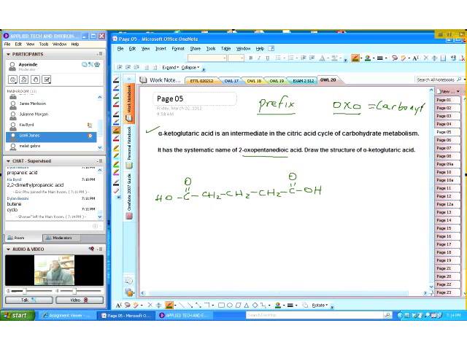Just as when you have a CH3, we call this a methyl group, right? So whenever we want to use a carbonyl as a substituent, we refer to it as oxo. So therefore, if we say we have 2-oxo-pentanedioic acid, what do you think that molecule would look like?